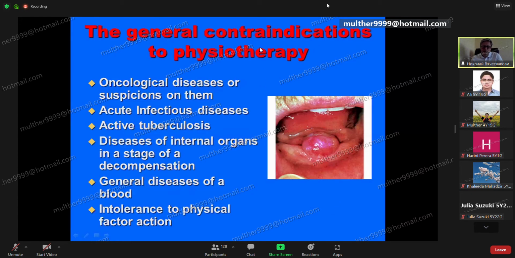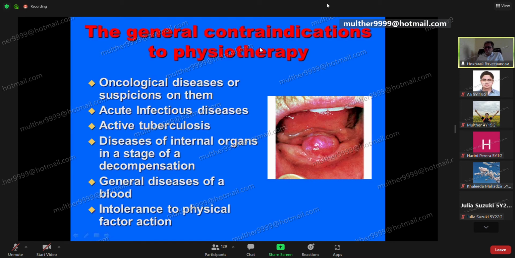As I promised, now you can see the list of general contraindications for physiotherapy. In first place, you can see the most important, most dangerous pathology, which unfortunately we can stimulate.